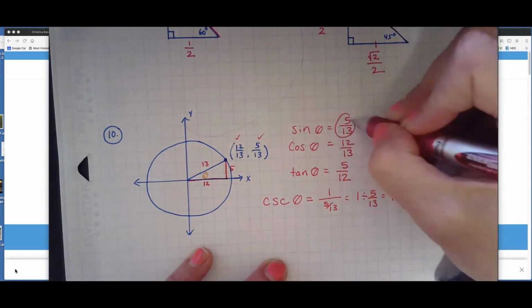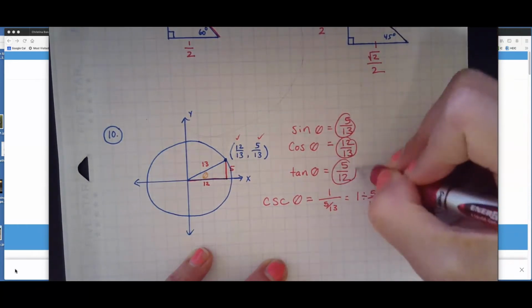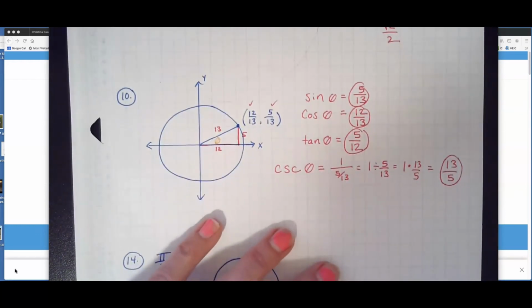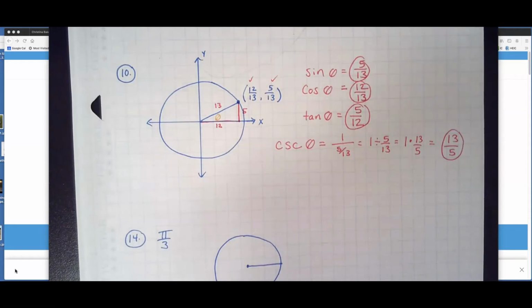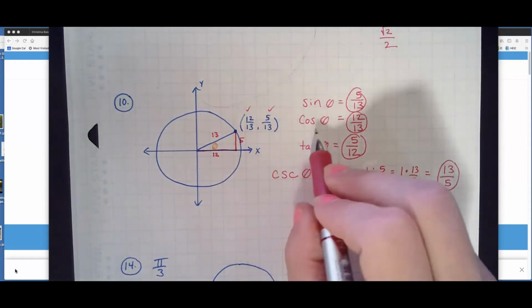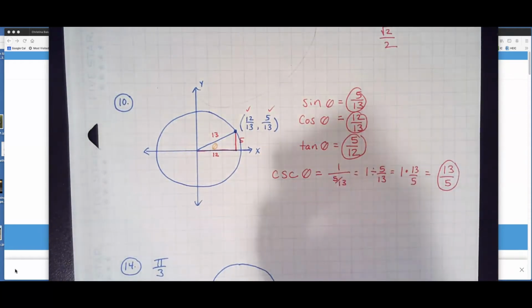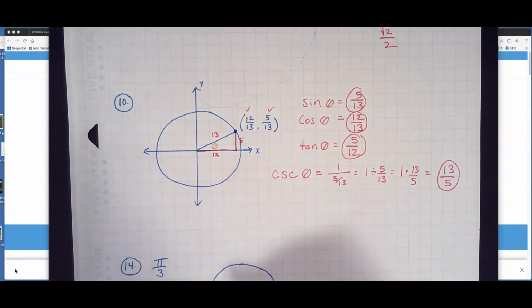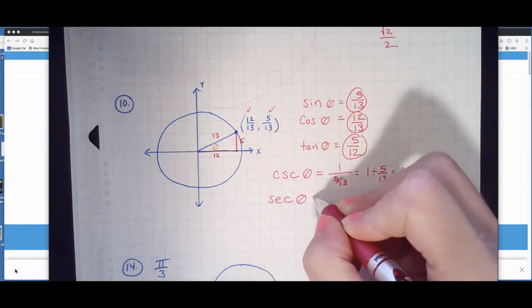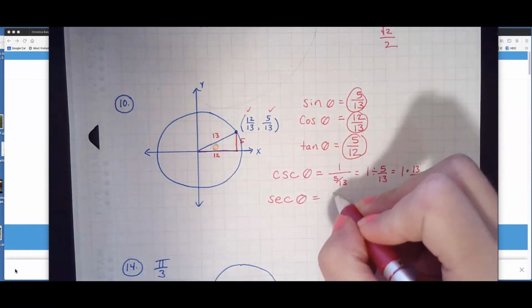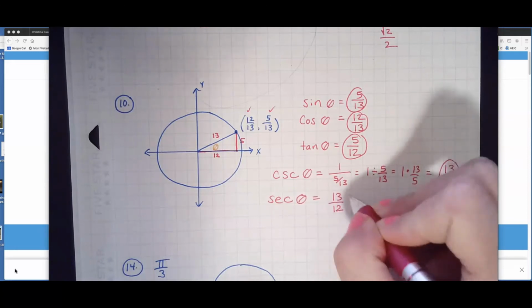I'll circle those ones. Again, I'm just doing examples so that you can do the homework. The inverse cosine is going to be the secant of the angle. So secant of theta is just the reciprocal, so we're going to call that 13 over 12.